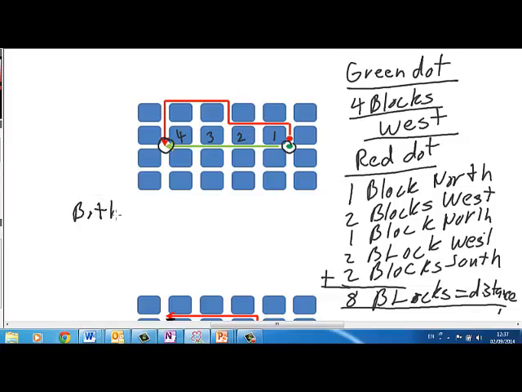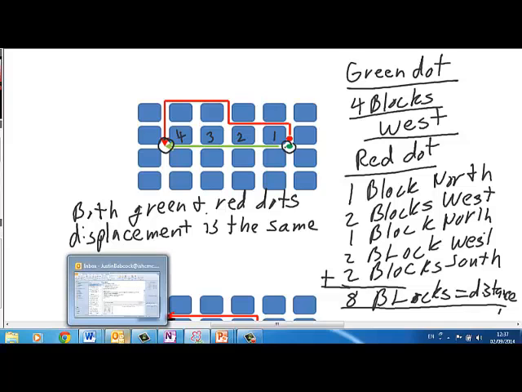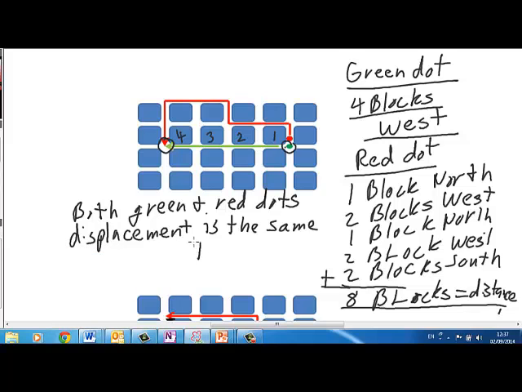Both green and red dots' displacement is the same because you both start at the same location and you both finish at the same location, so you both have the same displacement. Your displacement for both you and the green dot is 4 blocks west.